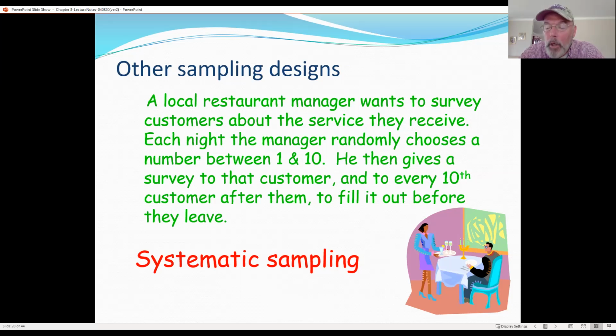Okay, thank you for letting me talk about it a little bit more. The significance of the number being picked is that it is randomly picked.